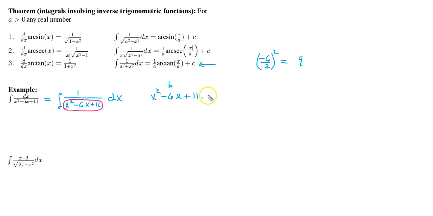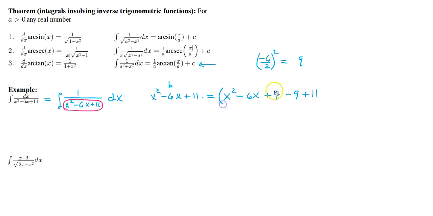And so what we end up with here is, now we're going to take this, add it in, and subtract it back out. So we're going to write this as, so you notice the 9's cancel, so we haven't changed anything.